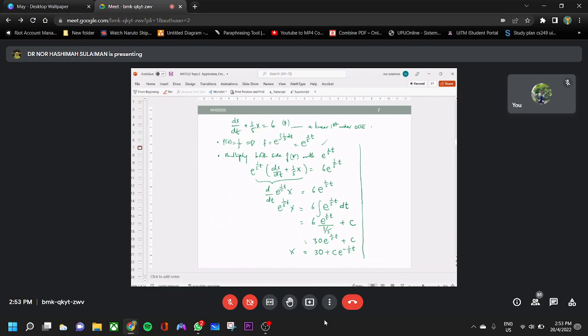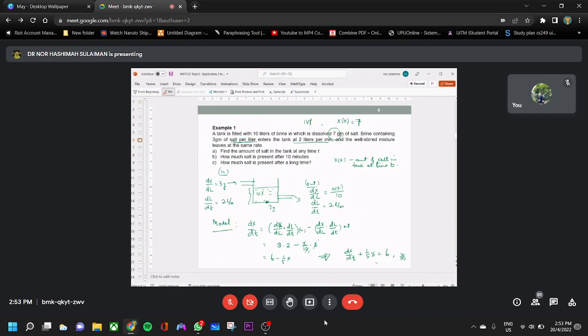So x0 equals 7. So this is an initial value problem.